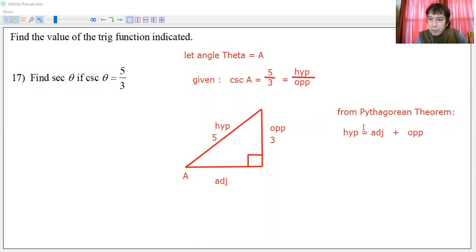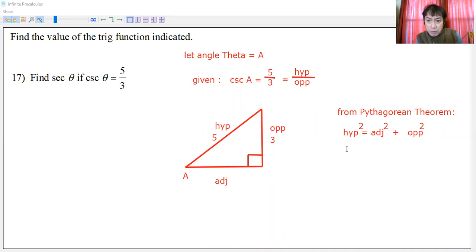When you square these, we put a 2 here and a 2 there, and that will define our formula. Hypotenuse squared is equal to the sum of the squares of the adjacent and the opposite.